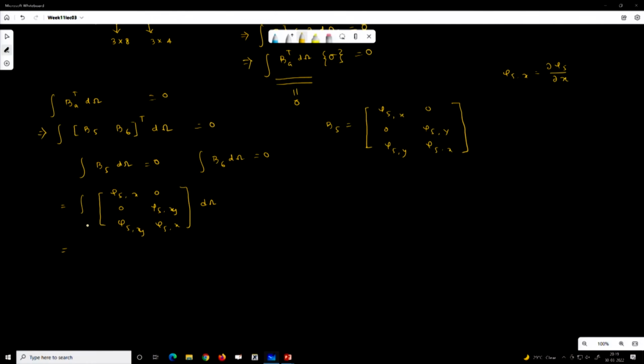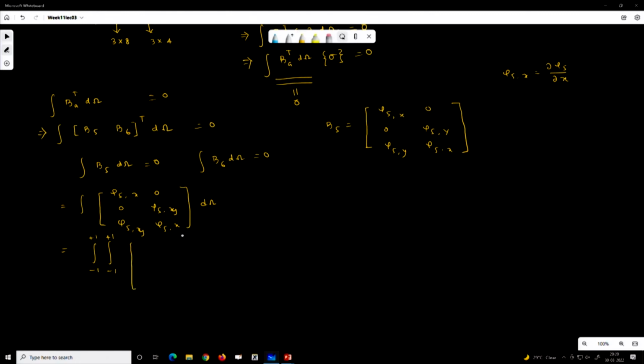Now I convert this to the master domain, so naturally my integral will be from -1 to +1. Now for phi5 comma x, if you remember, with the help of the Jacobian we can modify.